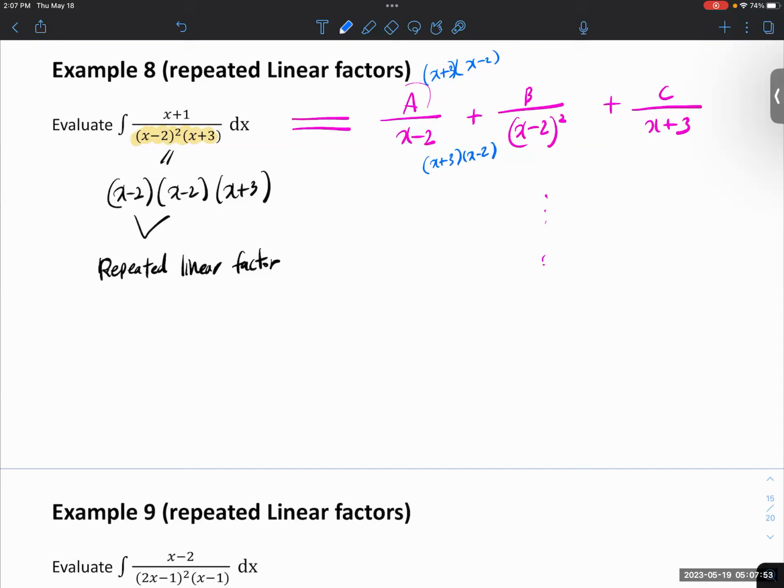Here multiply x plus 3. Here multiply x minus 2 squared. Then find A, B, C, and you can find the partial fraction fully, then take the integral. Try. I'm just helping you set up the partial fraction form so far.